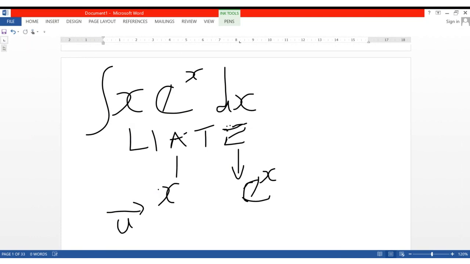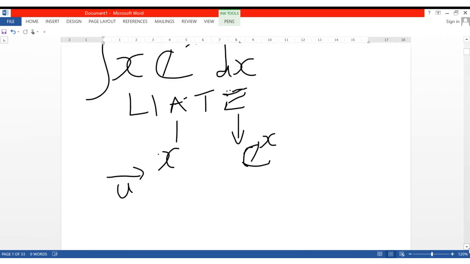So x is basically the algebraic, the polynomial, and then the exponential function, just the exponential function. If I do my arrow going horizontally or going down, the x will become my u, according to the arrow. If I'm moving from right to left, again the dv will start.